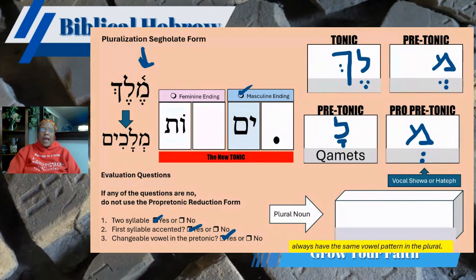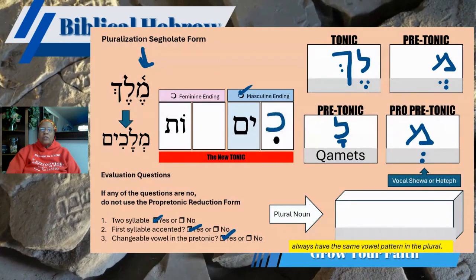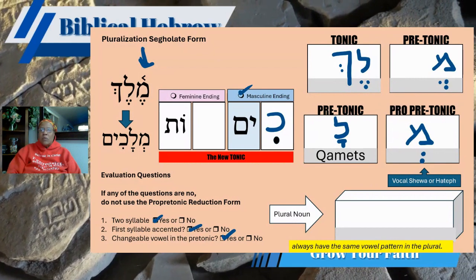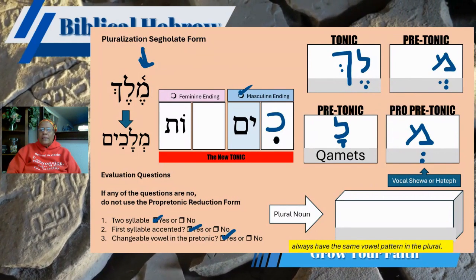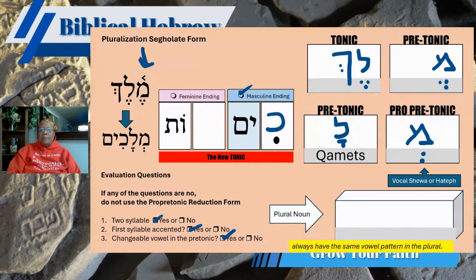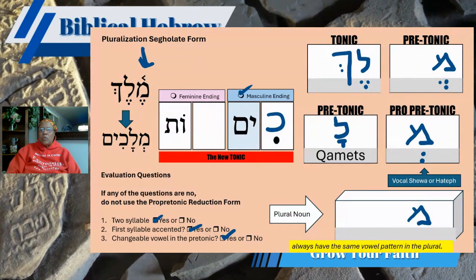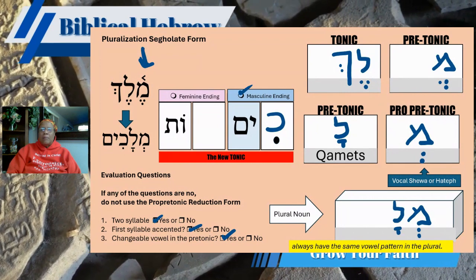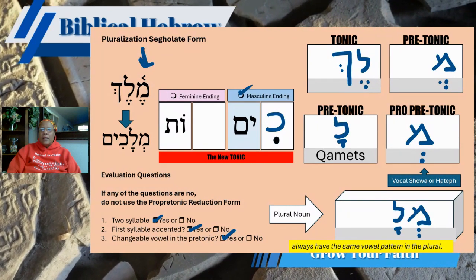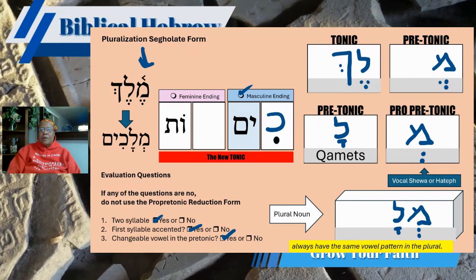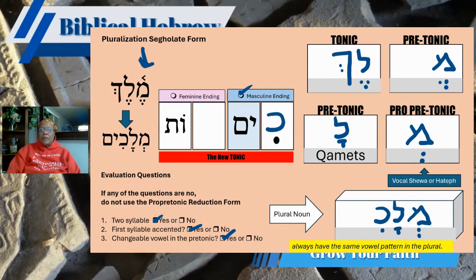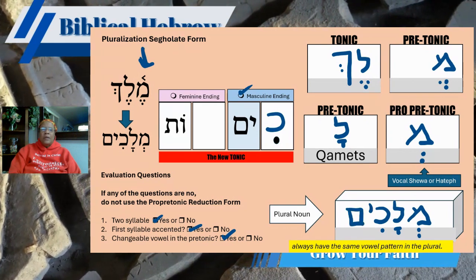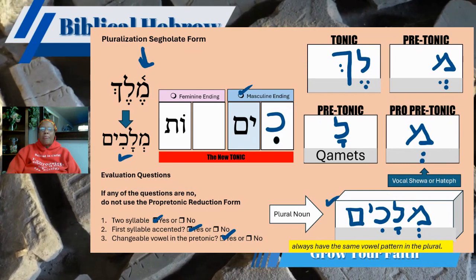We know that we have to convert it back to its regular form, because we don't put sofits in the middle of a word. As we now write this, we have the mem with a schwa, a lamed with a kametz, a kaf with a hirik yod mem. And there you have it.